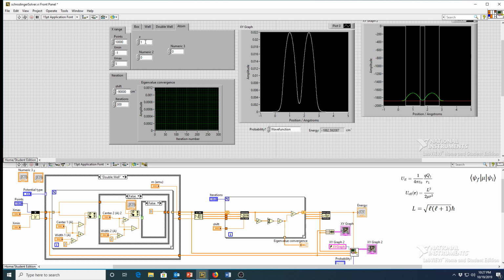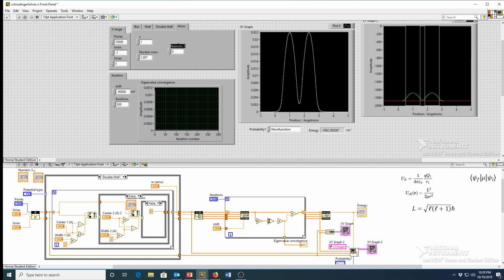So if we're doing hydrogen here, the single proton in the nucleus has a positive charge of 1. We need the nuclear mass, which the mass of a proton is like 1.007 something.